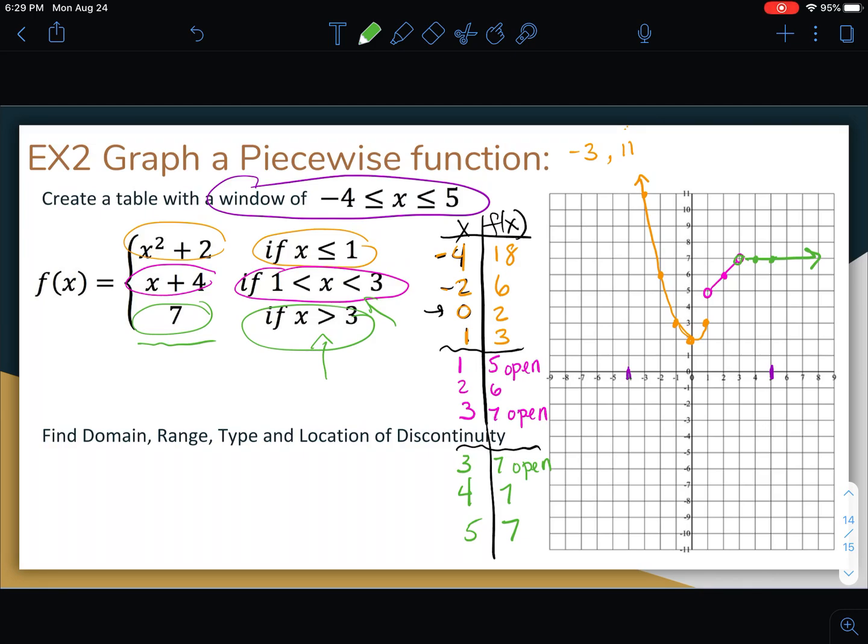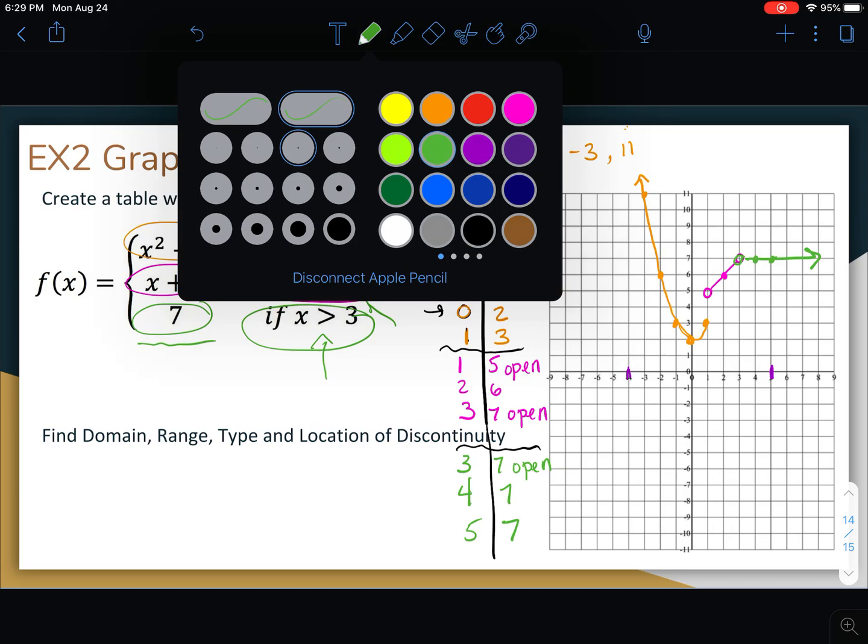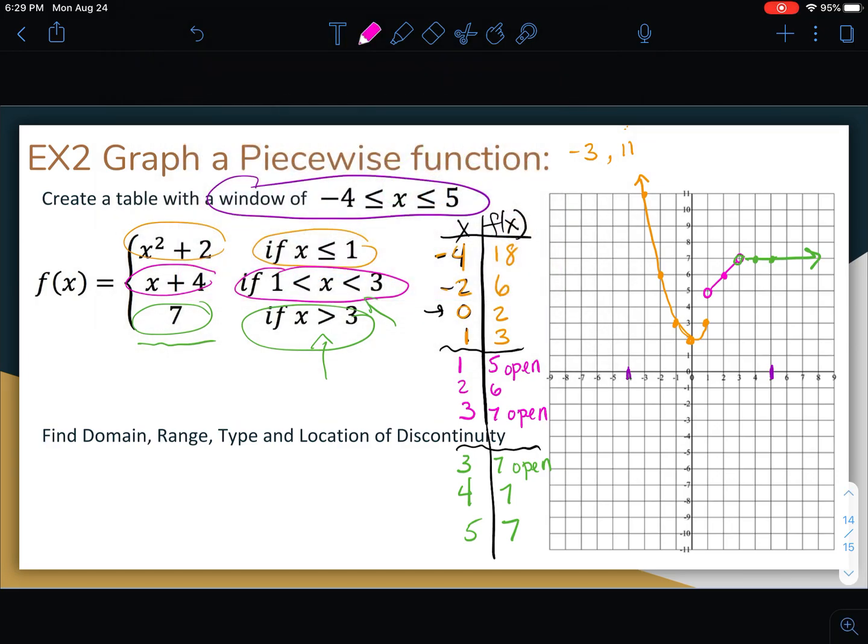Okay, so let's now take a look at our domain. I don't want pink again, let's do blue. So the domain, can I use all real numbers? There's one number I can't use, and it's right here. The input of 3 is not defined. Everything else you're allowed to use as an input.